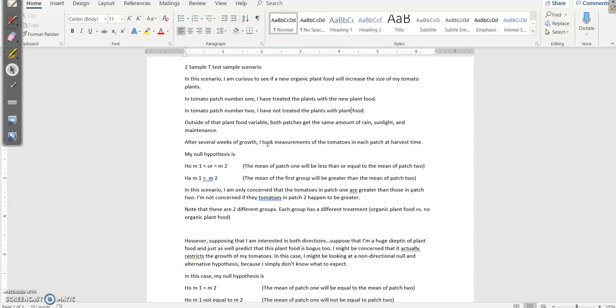Here, I'm expecting the plant food will work. I'm expecting that if this works, the mean tomato size in patch 1 is going to be more than the mean tomato size in patch 2. So that's going to be my alternative hypothesis, or my change hypothesis.